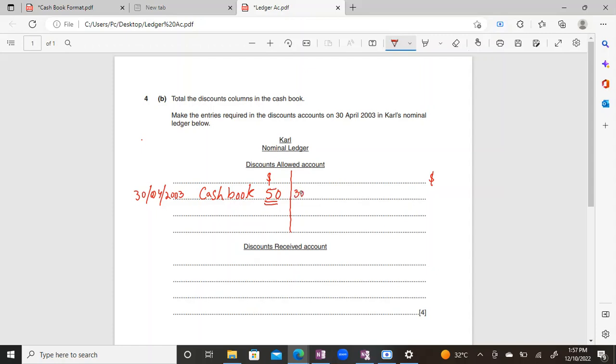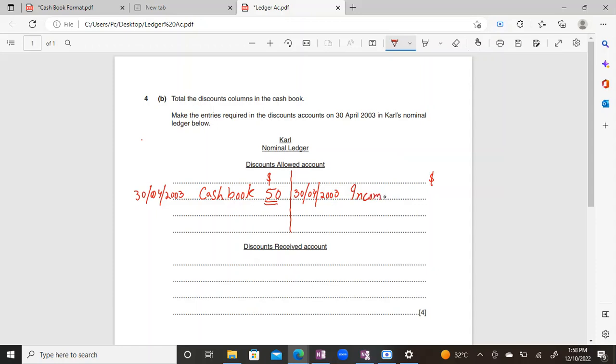So write here $50. Now all expenses, they are transferred to the income statement, because from the income statement, after a month or after a year, we need to prepare the income statement in order to find the profit and loss.